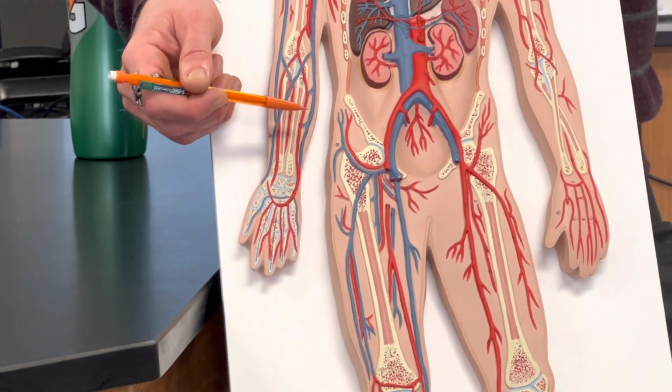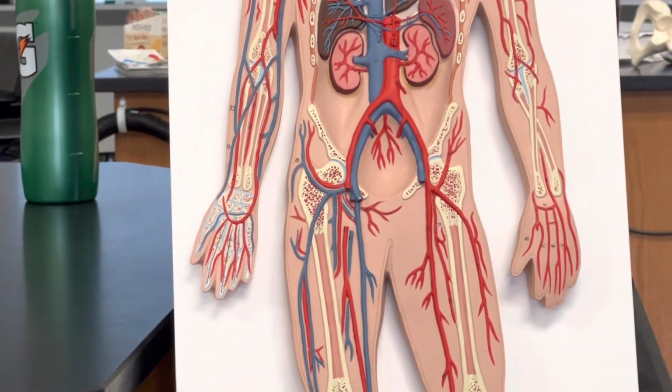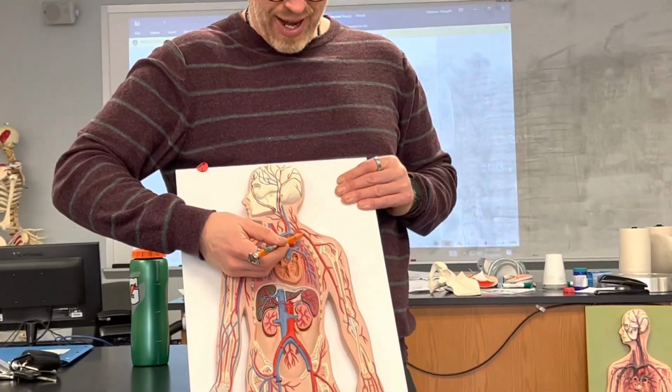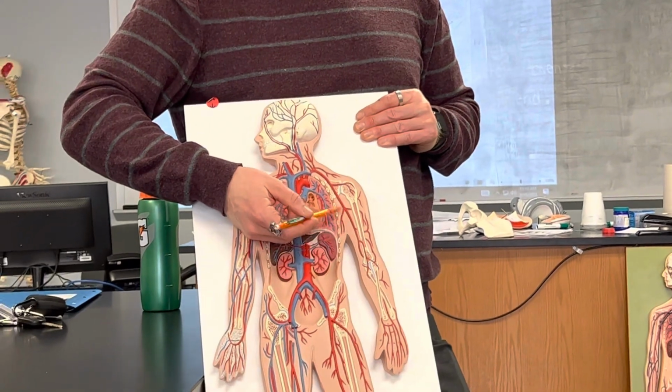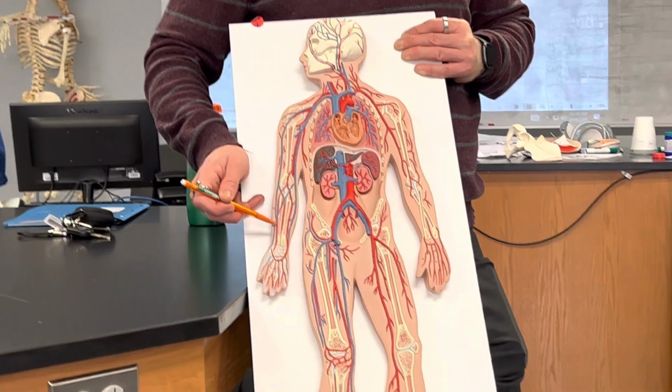So the arm for arteries is relatively easy. So subclavian is under your clavicle. So subclavian basically means under the clavicle. When something's in your armpit, like right here, axillary, then brachial has to do with your upper arm, and then it's best seen over here with the ulnar and the radial artery.